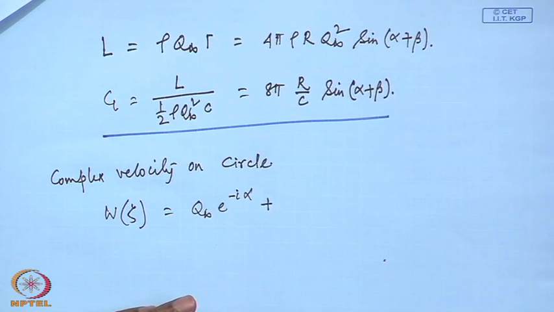So, by 2 pi, this becomes simply 2 r q infinity sin alpha plus beta.